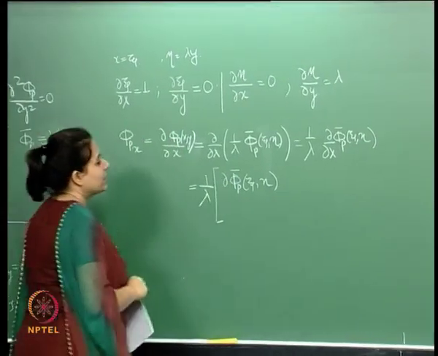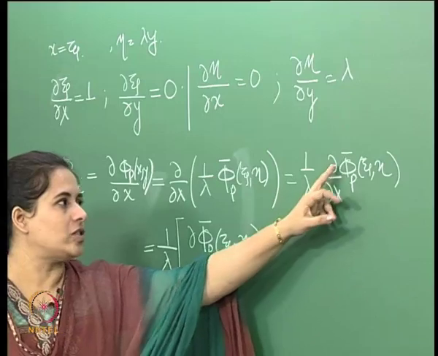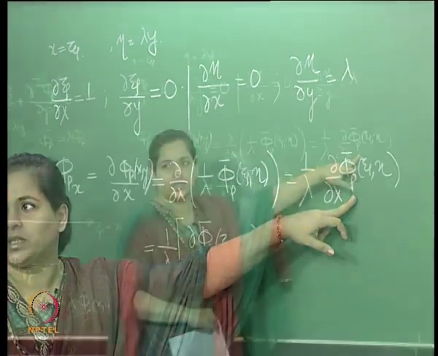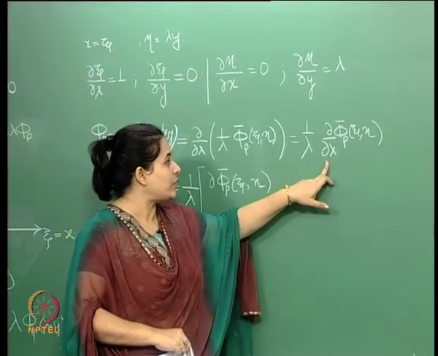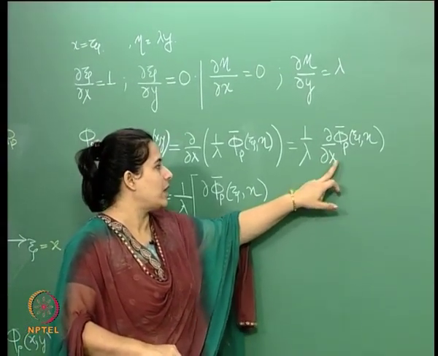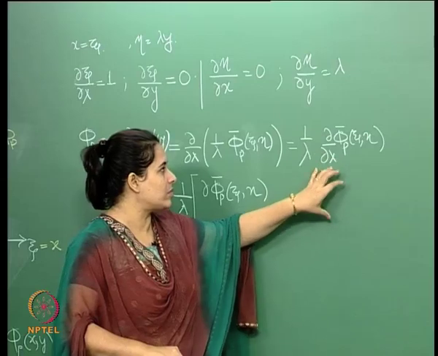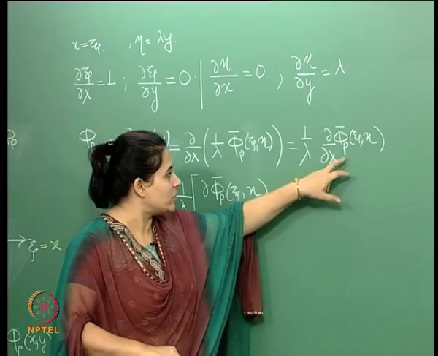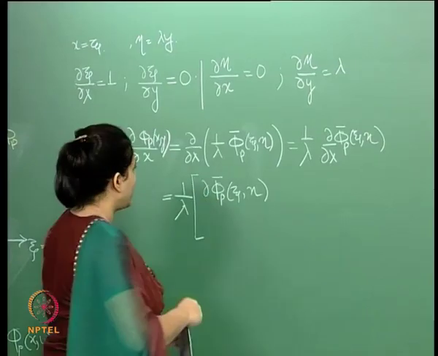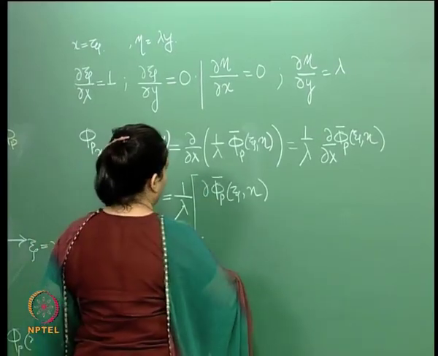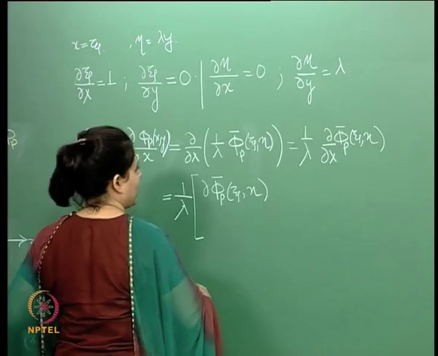So, we are basically going to take a change of this perturbation potential in the transformed coordinates with respect to x. That would mean that we also need to take that change with respect to the change in coordinates zeta and eta with respect to change in x, right. So, therefore, what I can write here is, I take this out here.